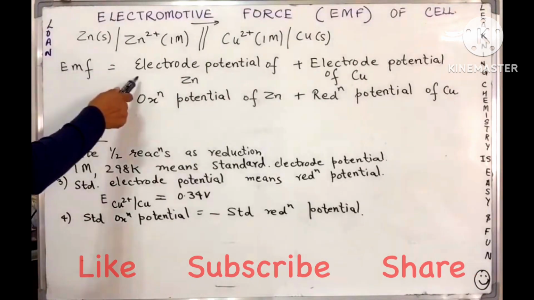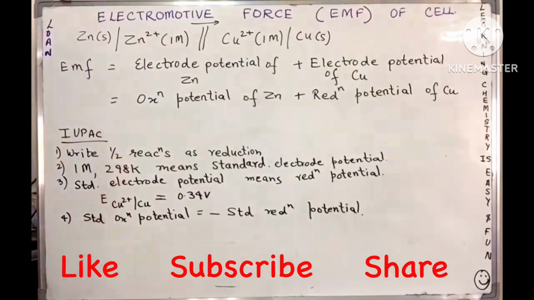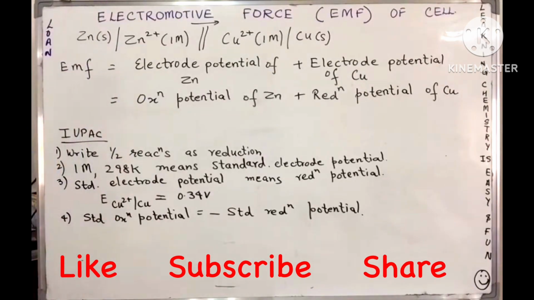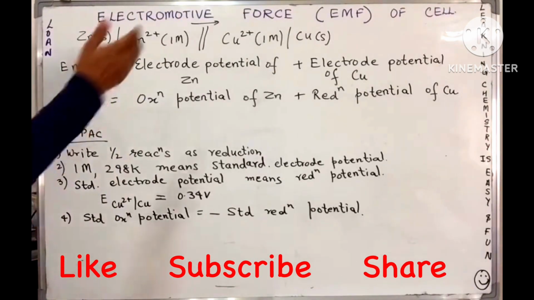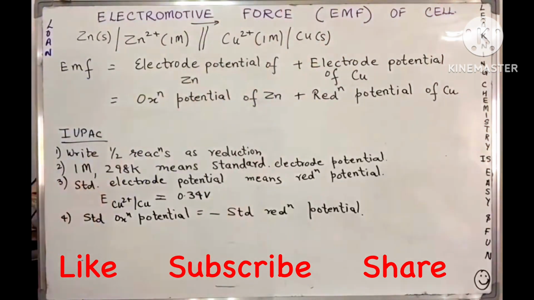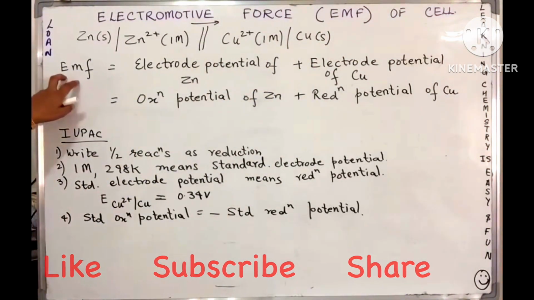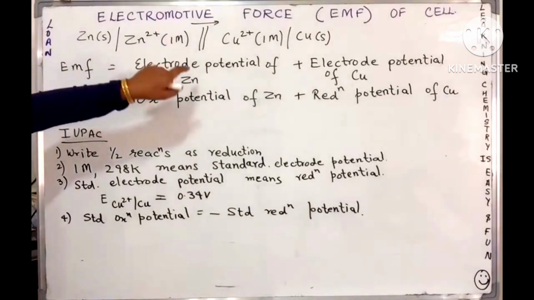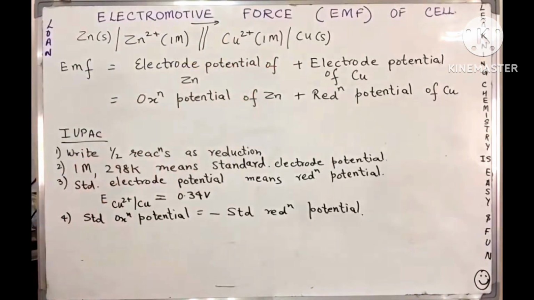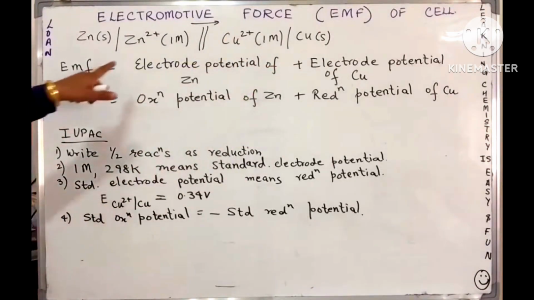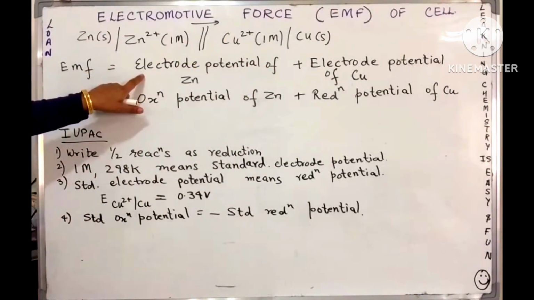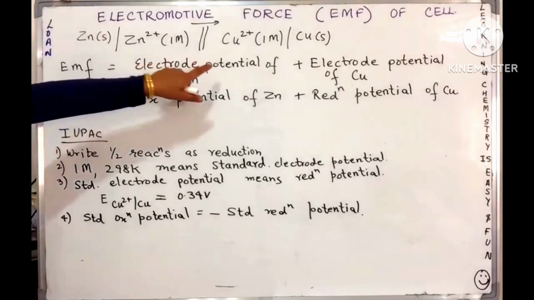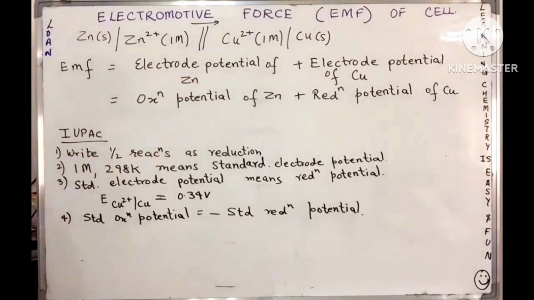So there is some force which zinc is applying in order to push the electrons away. There is some force that copper is applying in order to pull the electrons. So the total EMF is the push that zinc is giving and the pull that copper is applying. That push or pull we had termed as electrode potential, right?